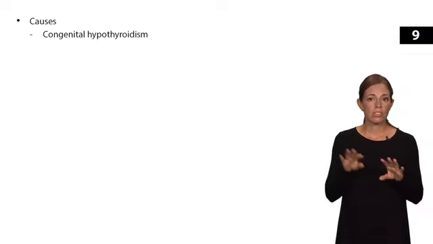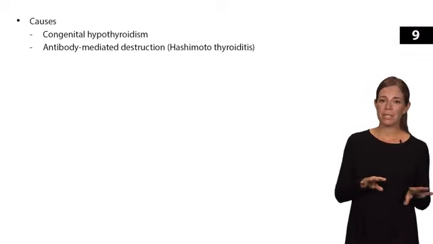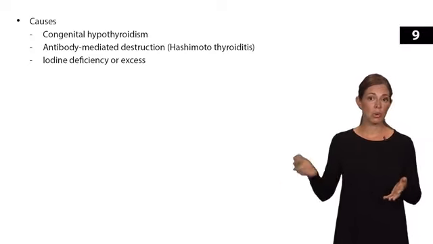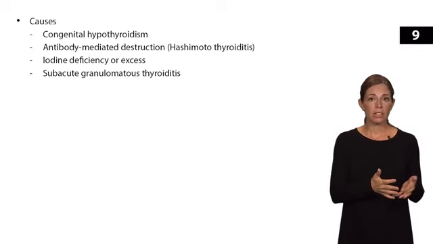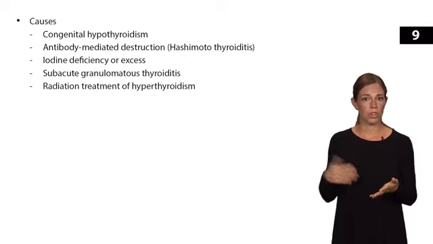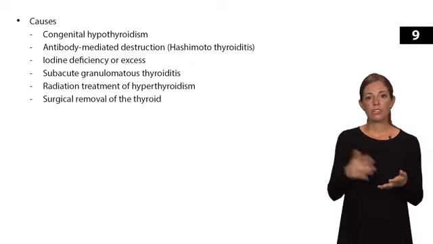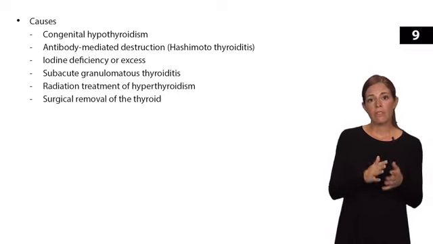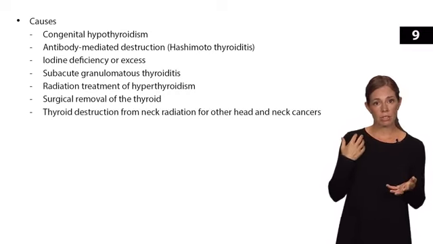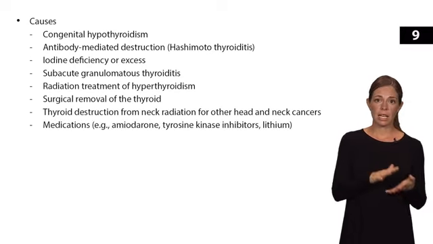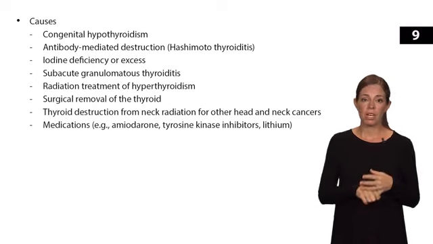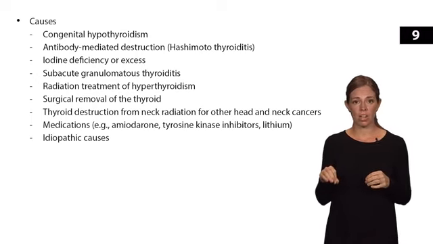We're going to discuss congenital hypothyroidism, antibody-mediated destruction, that's Hashimoto's thyroiditis, iodine deficiency or excess, subacute granulomatous thyroiditis, treatment of hyperthyroidism by radiation, which results in hypothyroidism, and surgical removal of the thyroid. And then there also can be thyroid destruction from neck radiation treatment for other head and neck cancers, and medications like amiodarone, tyrosine kinase inhibitors, lithium, and a few others. Then of course there can be idiopathic causes.